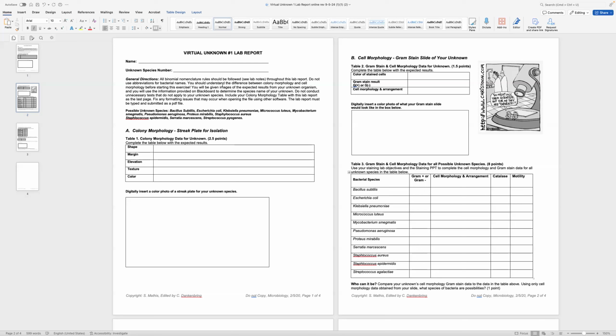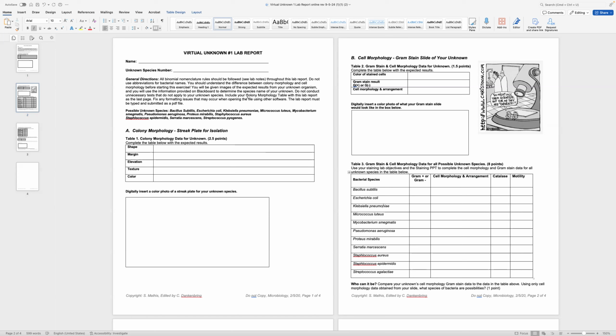All right, so the difference between colony morphology and cell morphology. The colony morphology is what you're going to see on the streak plates, on agar, and each of those individual colonies was grown from a single cell reproducing itself over and over again as it's incubated. The cell morphology refers to individual cells from that, which you can put on a slide, look at under a microscope, and do some tests on.